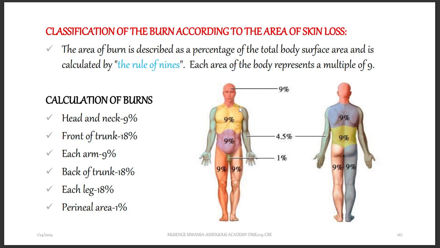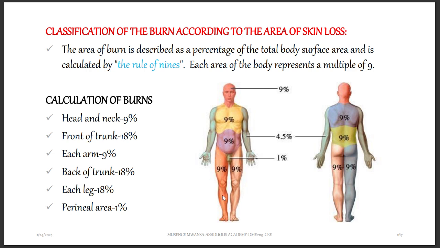And then the upper limb, starting from the top to the bottom, from the arm, forearm, and the hand, this is representing 4.5 in front, and 4.5 behind, meaning that the entire upper limb has an area of 9. In front is 4.5, behind is 4.5. But for the trunk, the entire front is actually 18, behind is also 18. That makes 36 for the trunk.